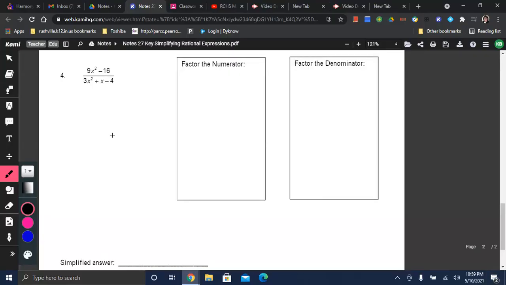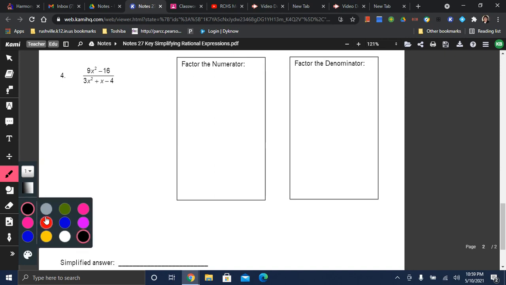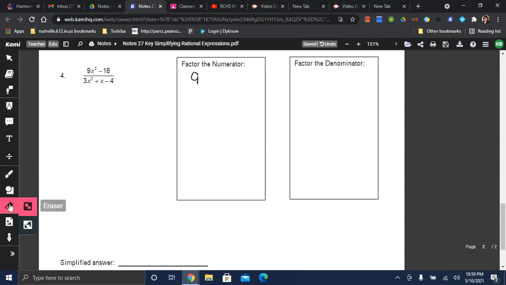All right, so we're ready for our fourth example. And again, we have both the numerator and the denominator that have exponents. So we're going to need to do some factoring. So we'll start with the numerator. We have 9x to the second minus 16.